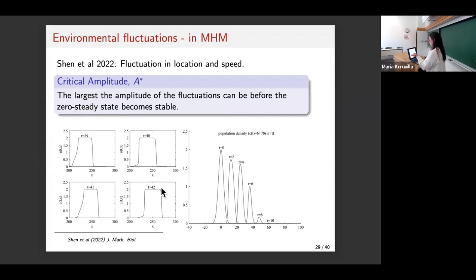So this would be our case when we have an unstable zero steady state, which is persistence, and a case where it is stable. In the case that it is stable, we see a periodic traveling pulse. It's going to change its profile periodically, but every period will be the same.